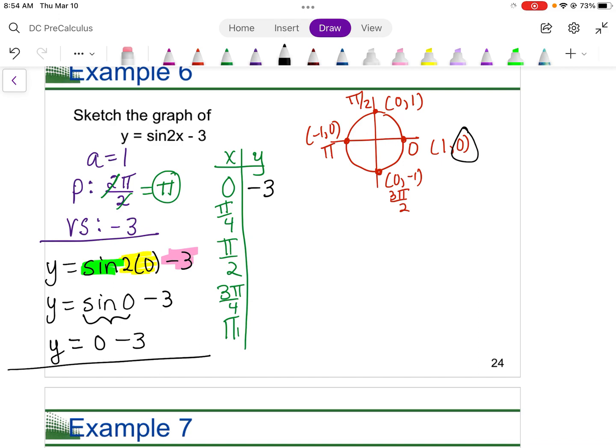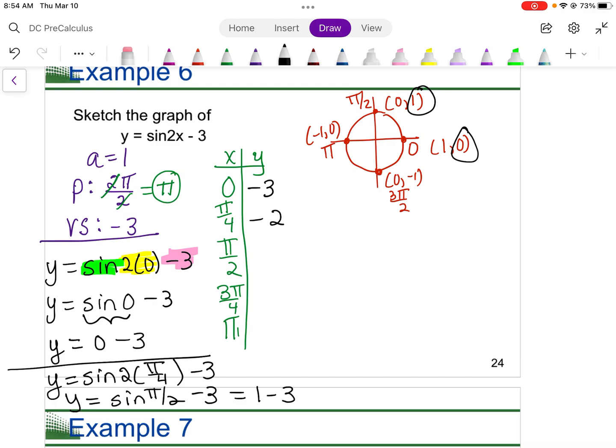I'm going to put in pi over 4 next. So I'll have y equals sine of 2 times pi over 4 minus 3. That's the sine of pi over 2 minus 3. The sine at pi over 2 is 1, so I have 1 minus 3, which is -2. All right, so for pi over 2, I will double that.